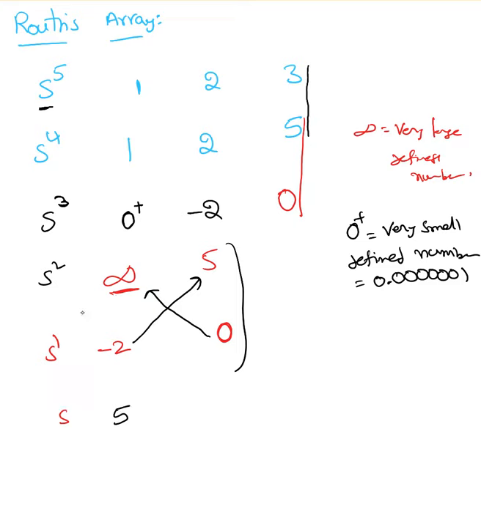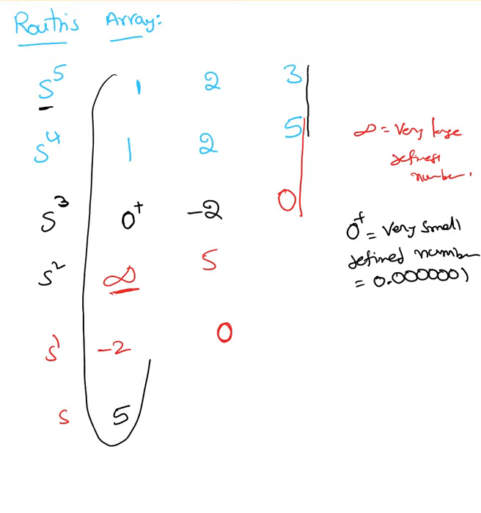Now we look at the first column. Don't take this as an undefined infinite. It is a defined very large number. Positive 0 plus is also a positive number. As I mentioned, 0 plus is above 0, so that's a positive number.